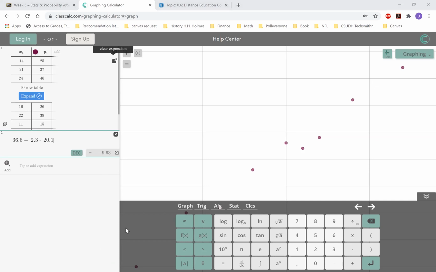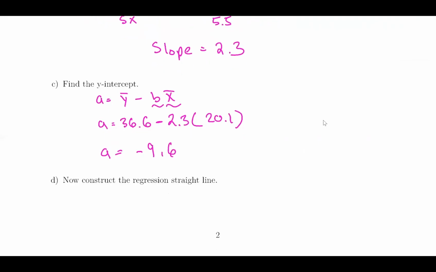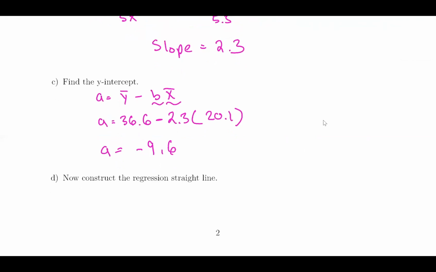All right, so let's go over here. Lastly, we're gonna do part D. Part D says now construct a regression straight line. So for the regression straight line, it's asking for this: y hat is equal to a plus b x. So all we have to do is substitute what we found for a and also for b.